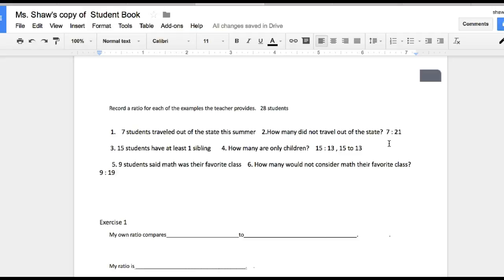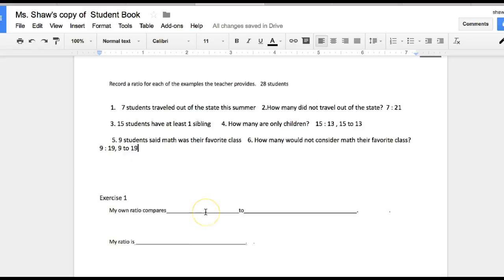So 9 to 19. Again, that can be written as 9 with the word TO and then 19. So the number of students who consider math their favorite class compared to the number who would not is 9 students to 19 students, written as you see here.